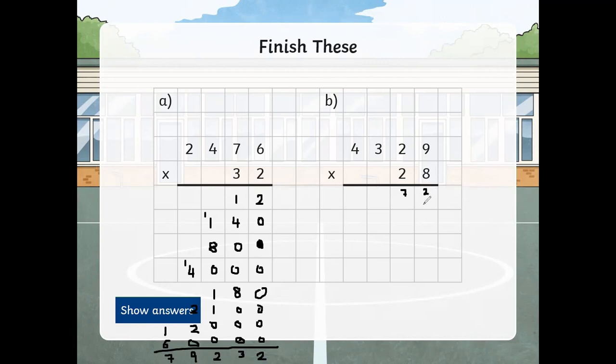Then we're going to have our 0, and then 8 times 2 is 16. Then 2 zeros, 0, 0. 8 times 3 is 24. Then 3 zeros. 8 times 4 is 32.